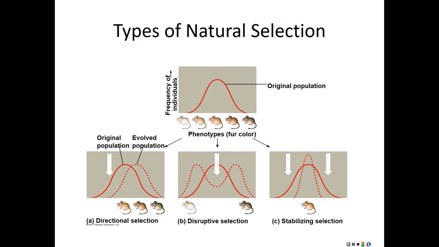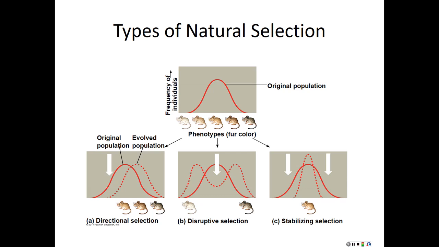I also want to go over some types of natural selection. So what I'm describing here is how the mode of selection influences the phenotype, the average or the most frequently observed phenotype in the population, right? Because that's what we see. Remember, phenotype is your physical appearance.